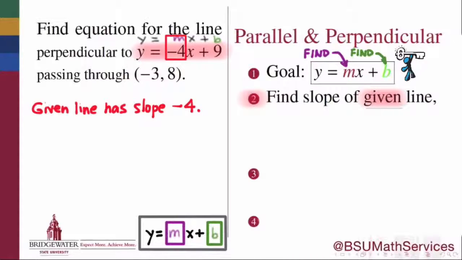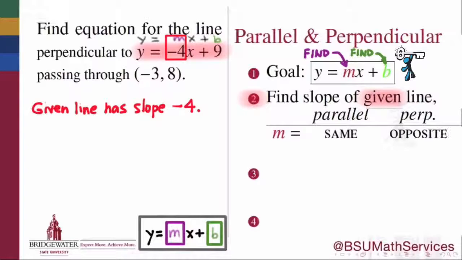Now let's think about what the slope of our new line should be. In particular, how should our new slope be related to this old slope? The answer depends on whether we're trying to determine a new line which is parallel to the original, or a new line which is perpendicular to the original. In the case where we're trying to determine a line which is parallel, we will use the slope which is exactly the same.